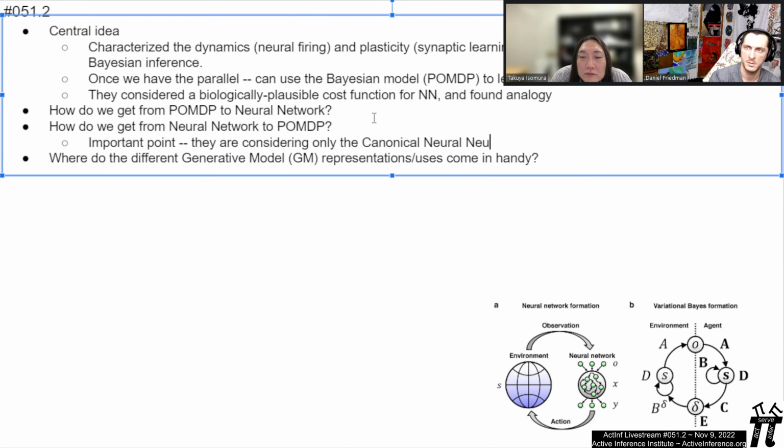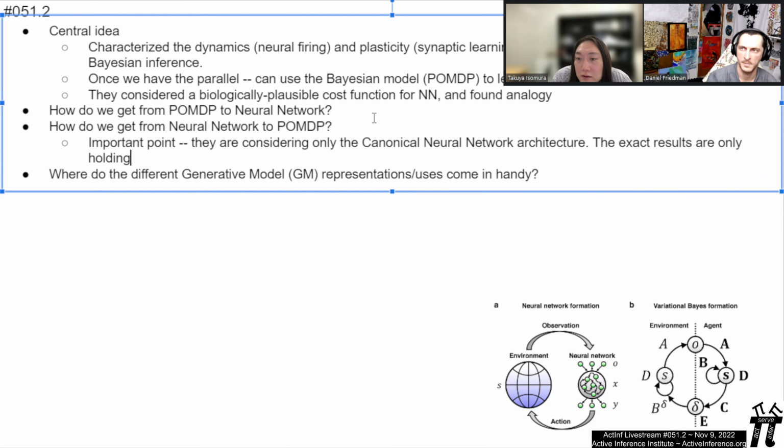Only when we assume this class of neural network can you find the exact correspondence to a particular form of POMDP. Otherwise, you need to establish another equivalence between another form of neural network architecture and some sort of Bayesian model. This may be expressed by a POMDP, but maybe not so straightforwardly as the conventional POMDP architecture.